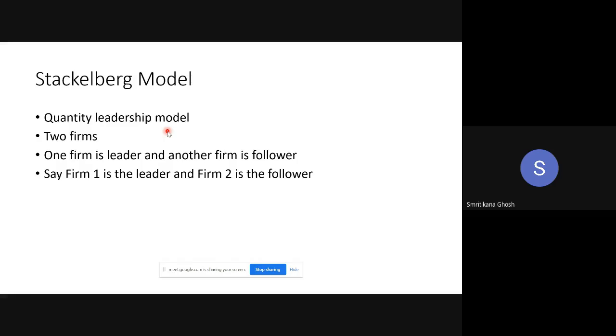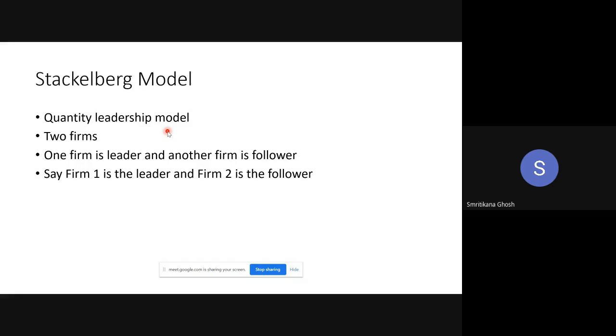So one of them is the leader, so that firm will decide its output first, and based on his output decision, the follower will choose his quantity. Is that okay? Do you have any problem? No, ma'am. Okay, fine. So this is the Steckelberg quantity leadership model.